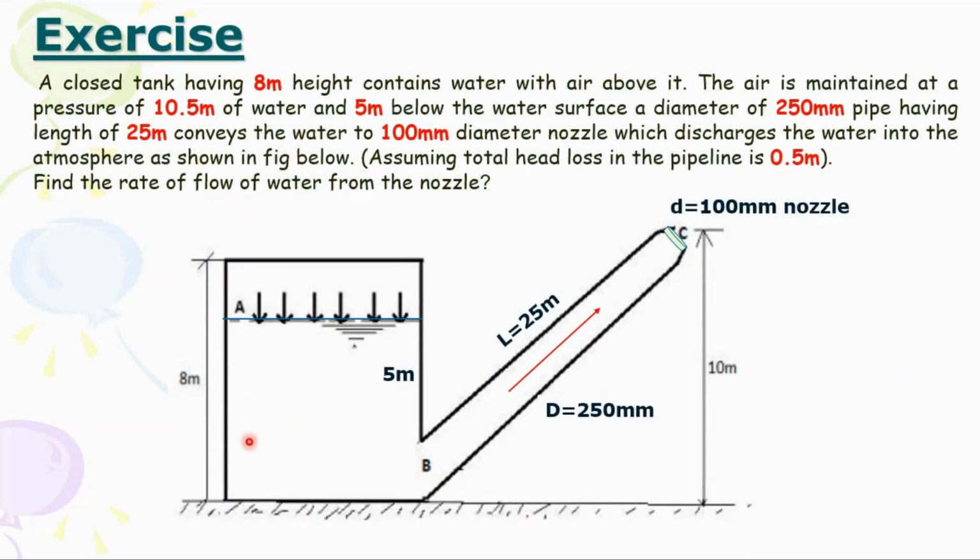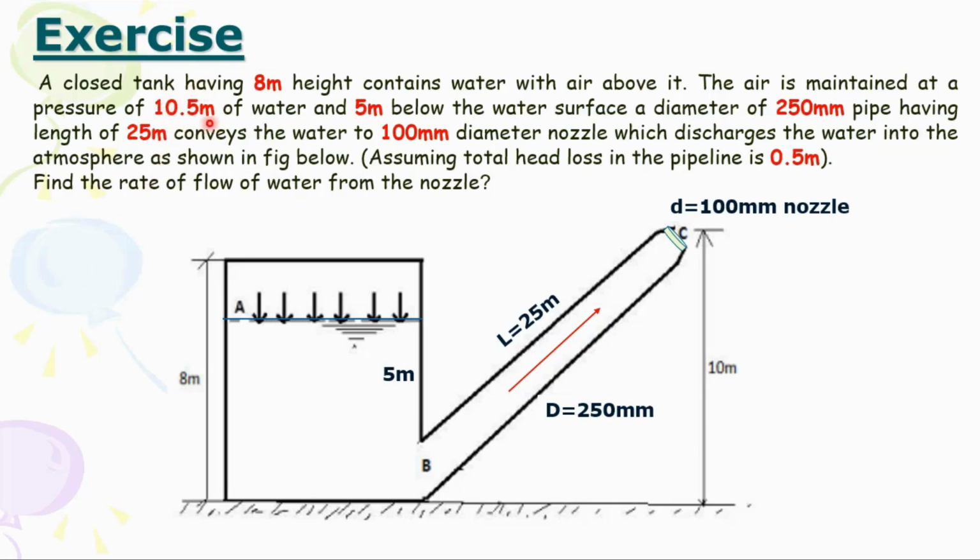You have a closed tank, 8 meter height, containing water with air above it. So air is here. It is closed. The height is 8 meters. The air is maintained at a pressure of 10.5 meter of water, which means this is head, P over rho g.